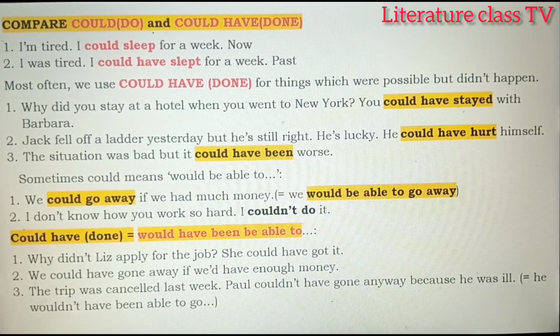Meaning that we use could plus the main verb without to for the present, and we use could plus have plus the past participle of the main verb for the past meaning. Most often we use could have done, gone, played, worked for things which were possible but didn't happen.